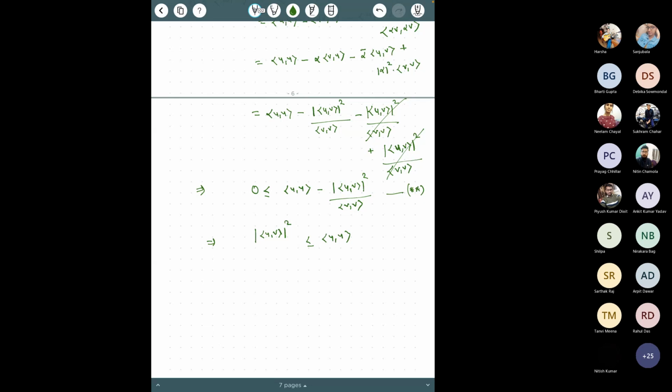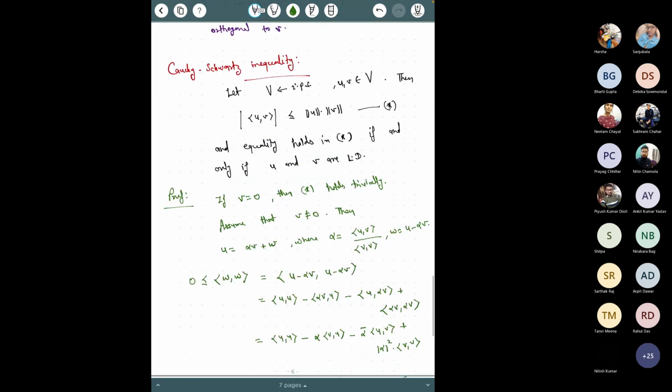So let me write it clearly. This is what we have. Now the right hand side, this term is equal to length of U square, and this term is equal to length of V square. You take the square root on both sides, and what you will get is the inequality. So this proves star. You have proved star.